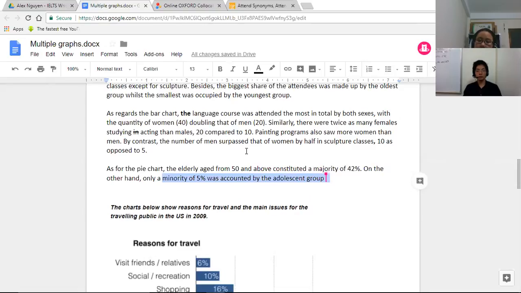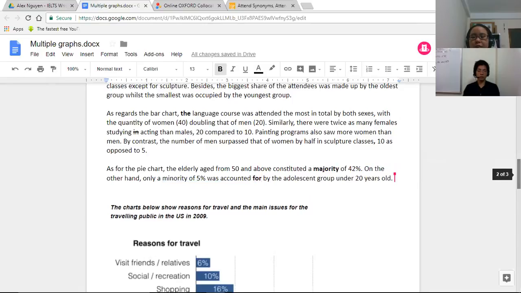Only a minority of 5% was accounted for. You have to have the word "for." Yeah, adolescent.